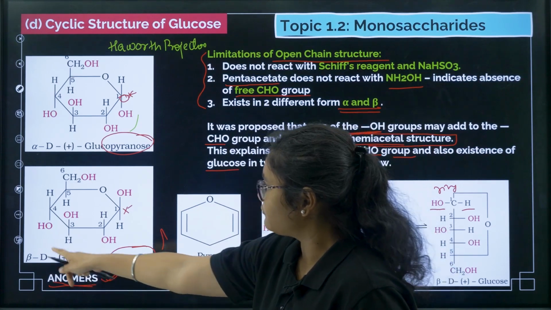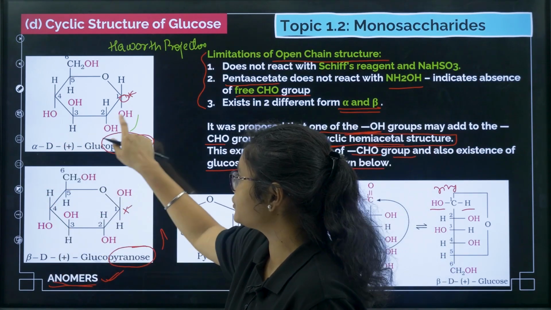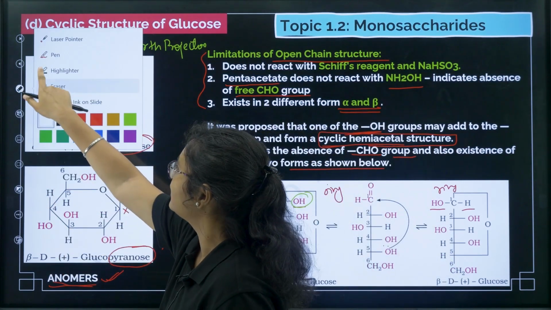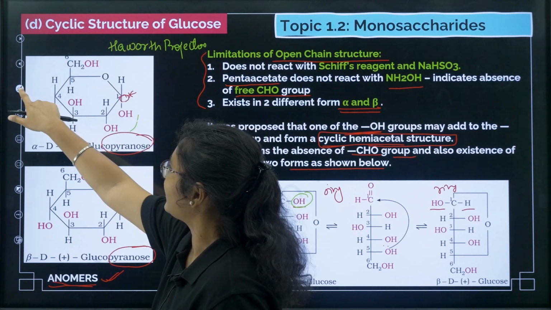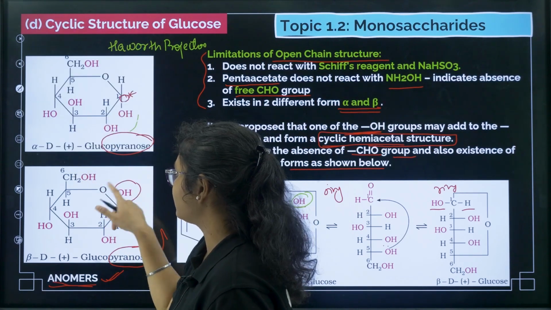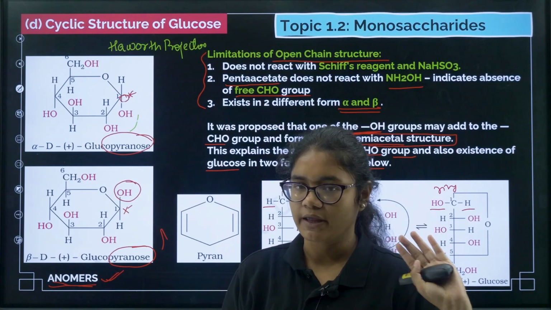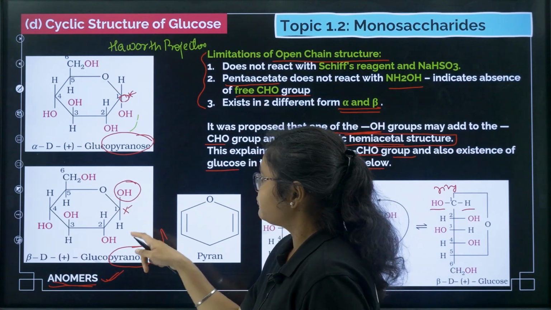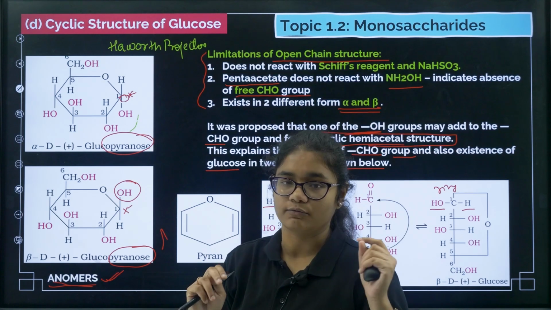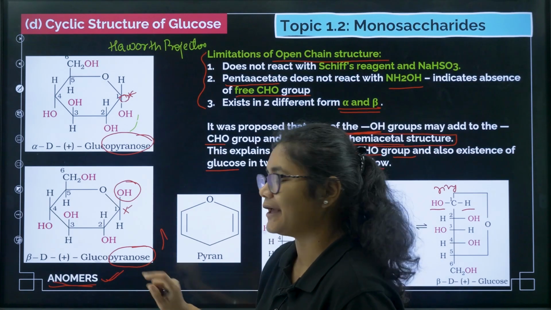For alpha, remember OH is down, and for beta OH is up. And if the conformers are different at one single carbon, that is called anomers.